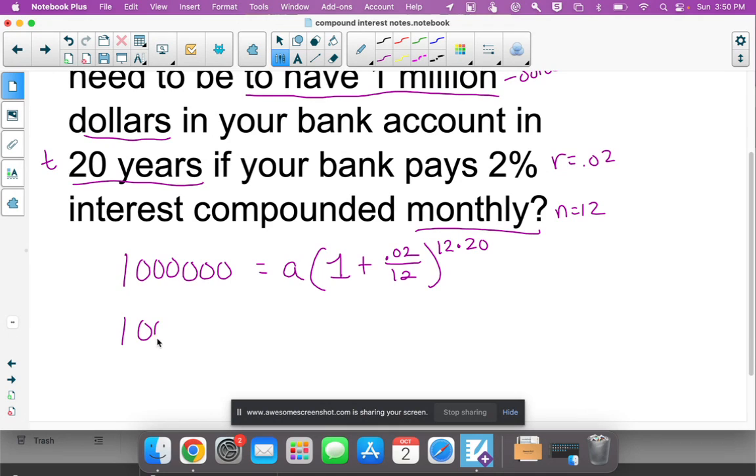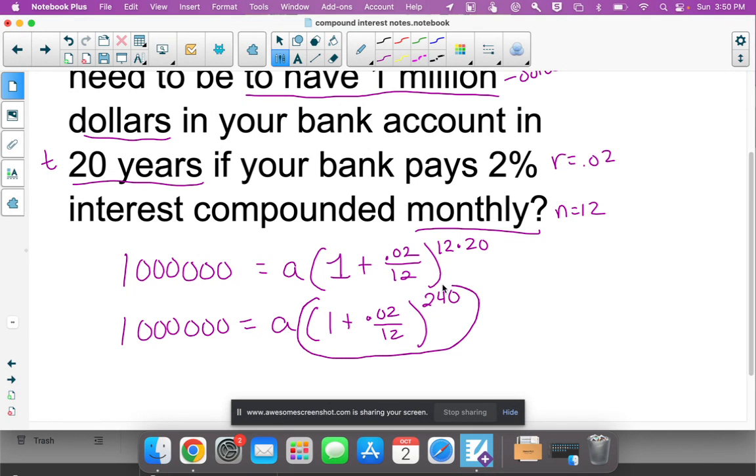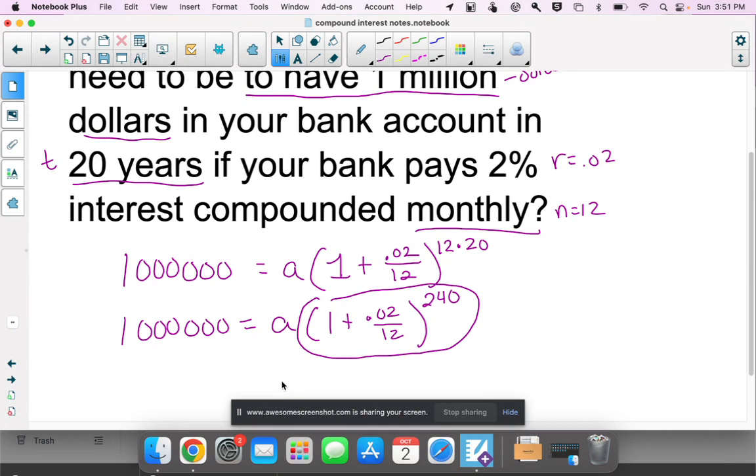So 1 million, 6 zeros, 1 plus 0.02 over 12. And 12 times 20 should be 240. Okay. So you're going to put this whole thing in the calculator, right? Because we're going to divide both sides by that.